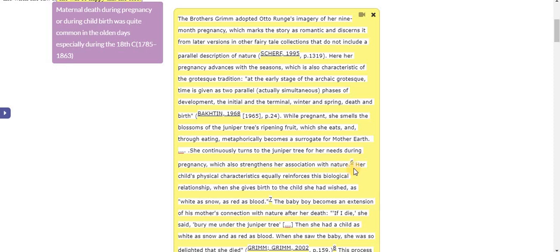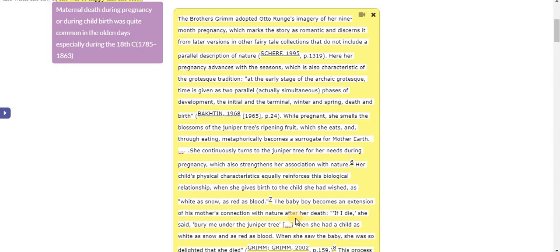Now, her child's physical characteristics equally reinforce the biological relationship. When she gives birth to the child she had wished for, as white as snow and as red as blood, the baby boy becomes an extension of the mother's connection with nature after her death. As I said before, she wanted a child who was red as blood and white as snow.